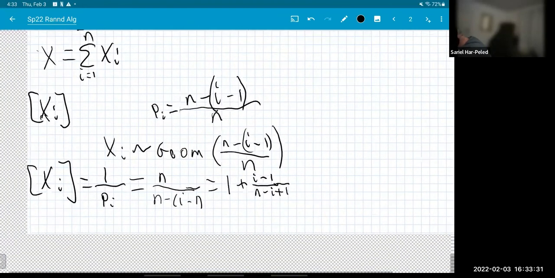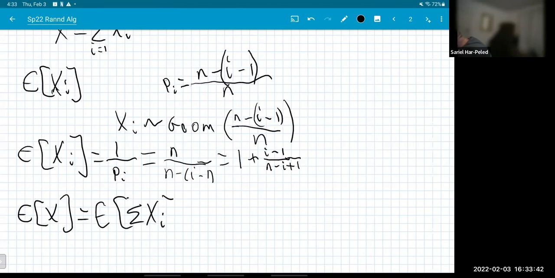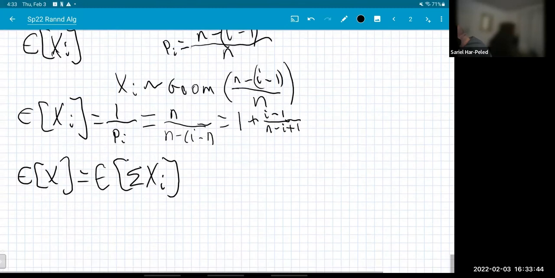Okay. So now, if we want the expectation of X, this is the expectation of the summation of the Xi, the total number of rounds we need to play.